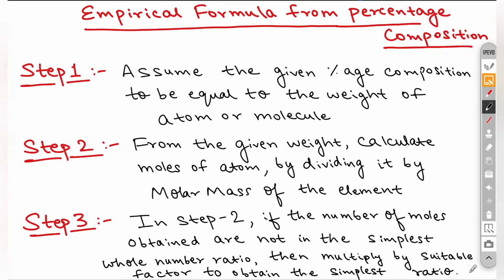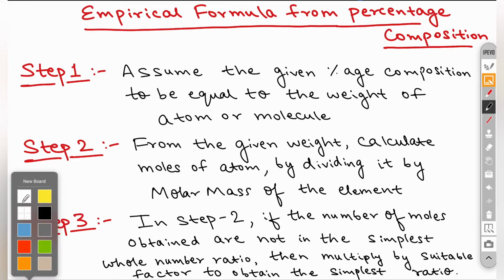In step 3 we need the simplest whole number ratio. Now we'll see an example, it will be much clearer.